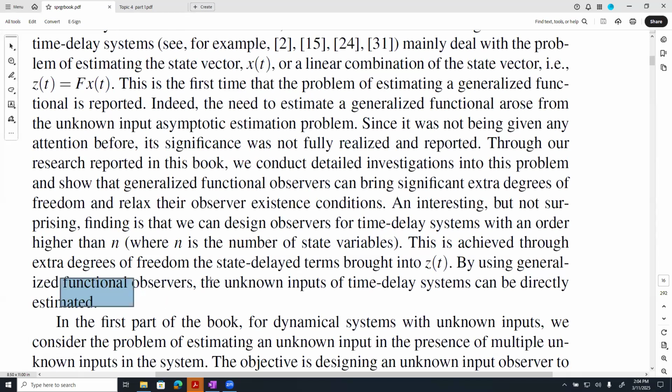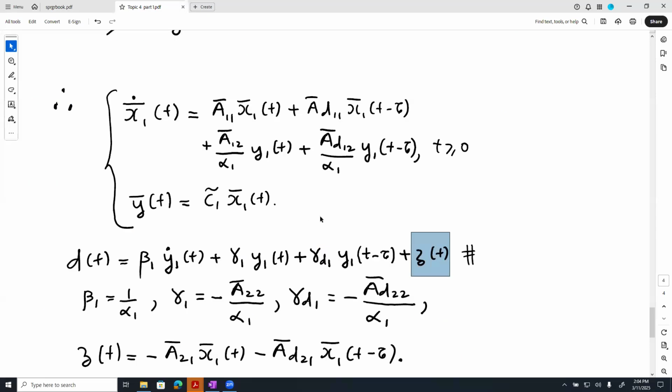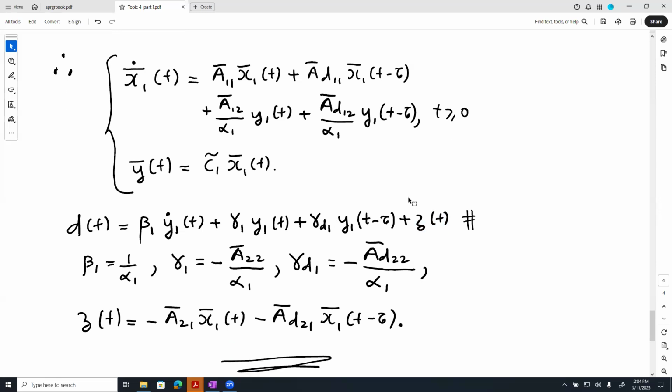Okay. So at the time being, in this current presentation, we just like to show the decomposition, and then we will leave the topic on design generalized functional observer to the next topic, where we will extensively look into the theory behind that.